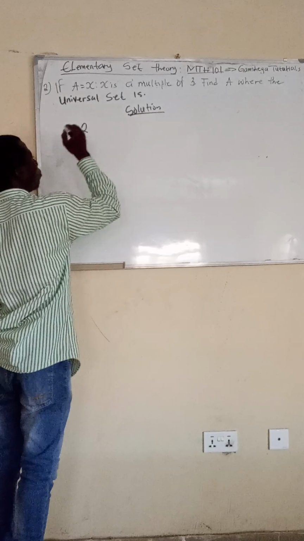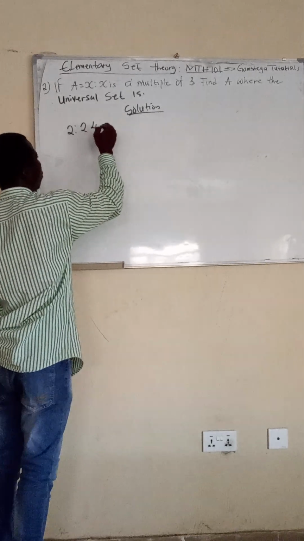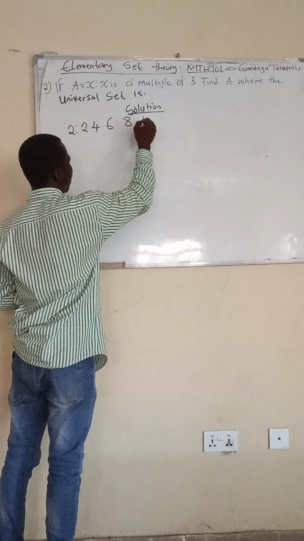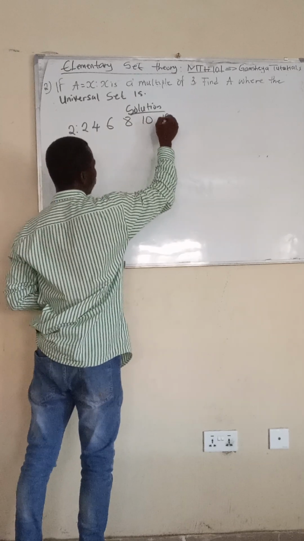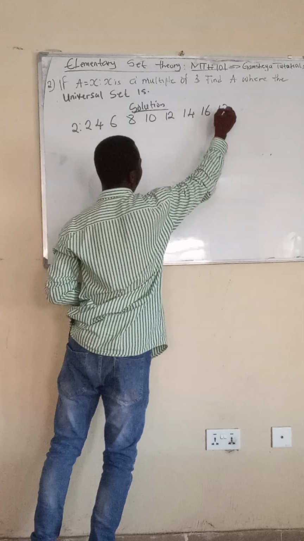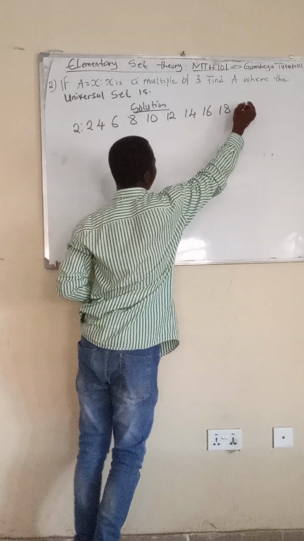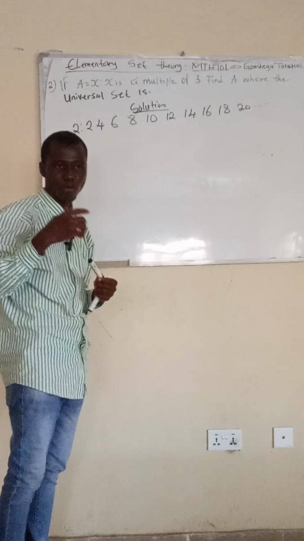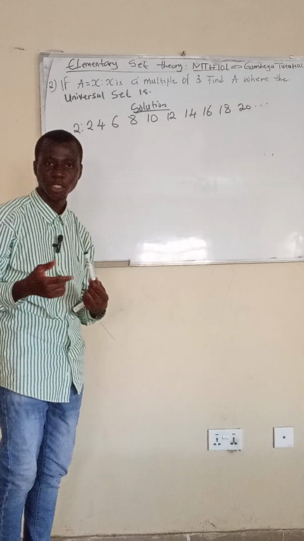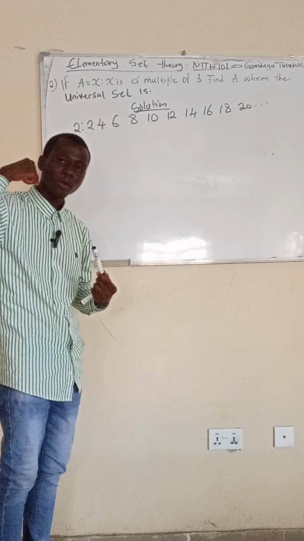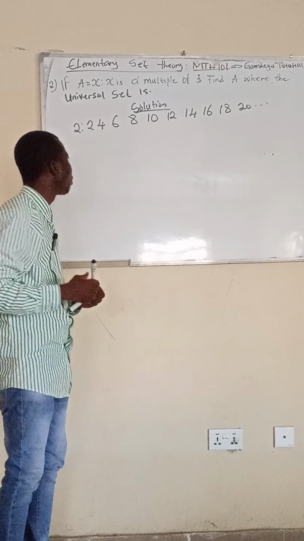We have 2, 4, 6, 8, 10, 12, 14, 16, 18, 20, and it goes on till infinity. Multiple simply means repeated addition. Pick a number, let the multiple begin from the number itself, keep adding up.